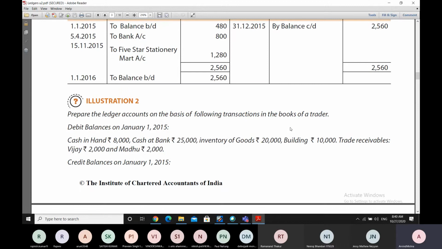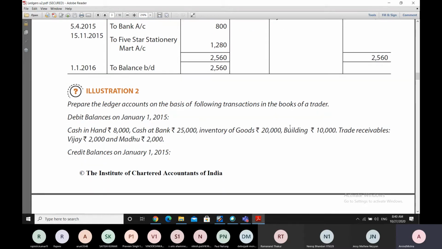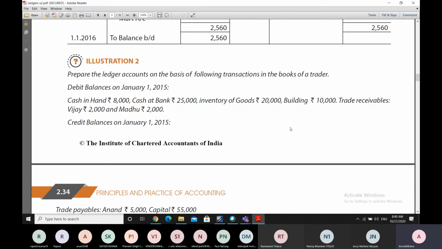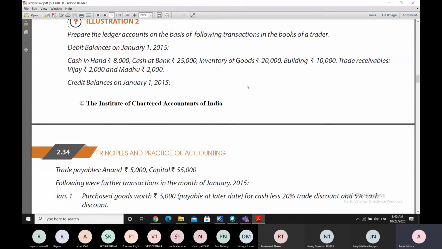So we go to illustration 2 now. In illustration 2, we are asked to prepare ledger accounts on the basis of the transactions which are in the books of a trader. So on January 1, some debit balances are given here.